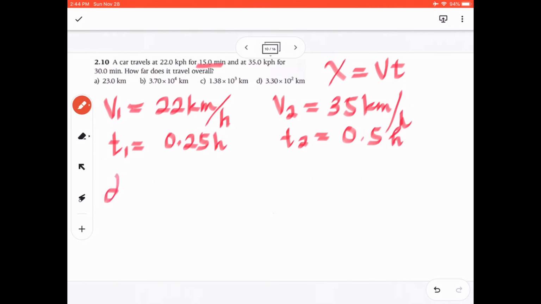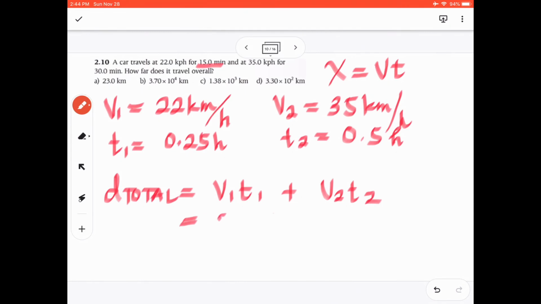So the total distance covered by the car is equal to v1 times t1 plus v2 times t2.